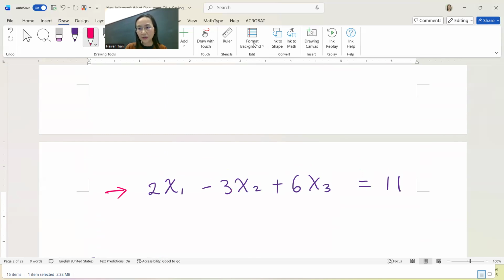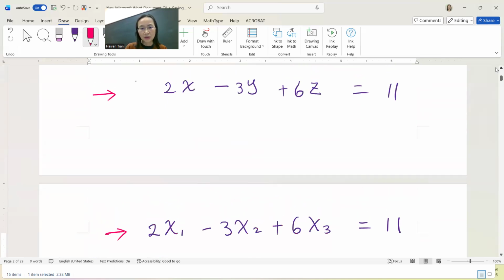No matter how you represent each variable, each linear equation has these variables with coefficients, and the right-hand side can be a constant.